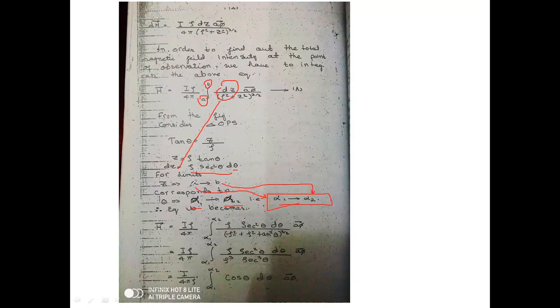So if z goes from a to b, the angle goes from alpha 1 to alpha 2.